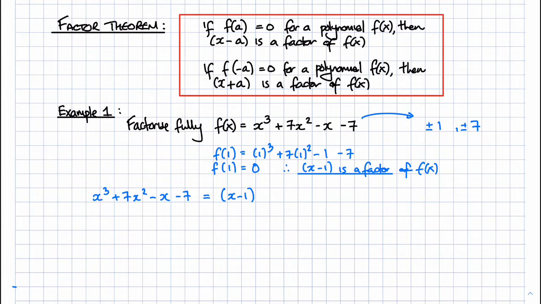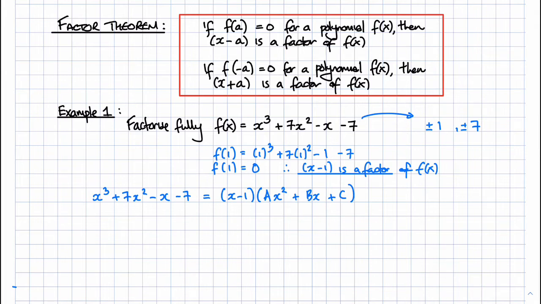A polynomial of degree 2 is a quadratic polynomial, which will be written in the form ax squared plus bx plus c. So our goal now is to determine the values for a, b and c.